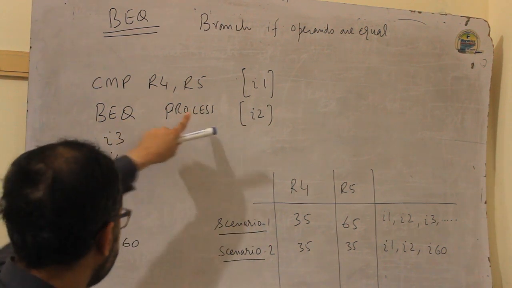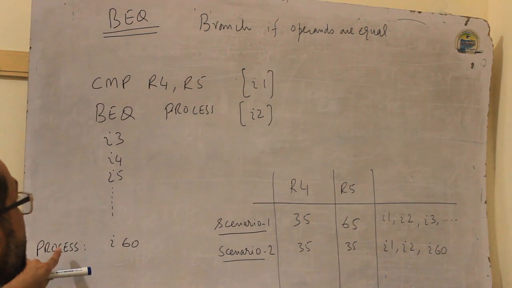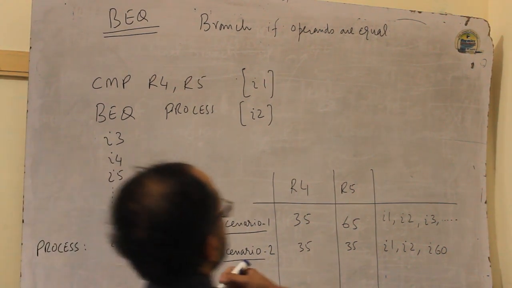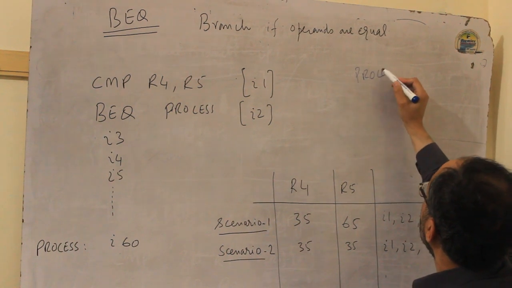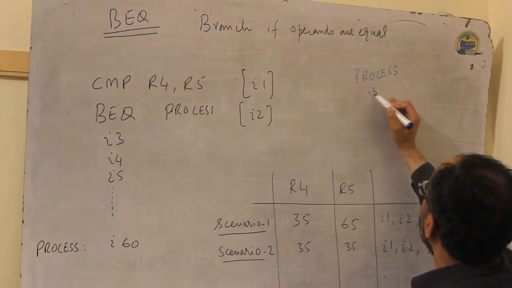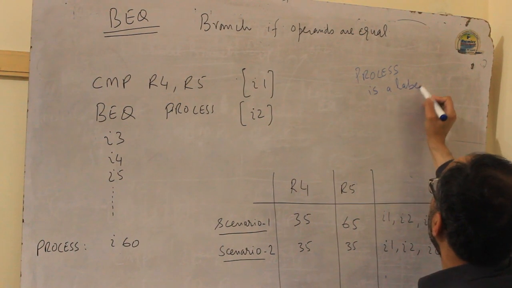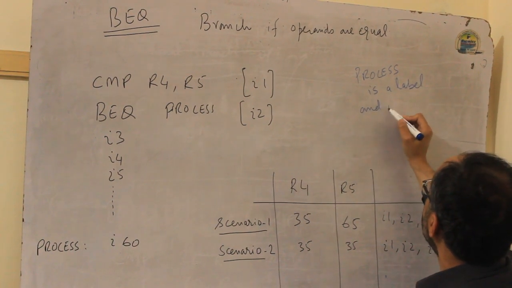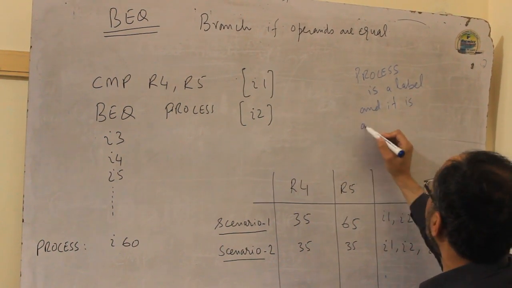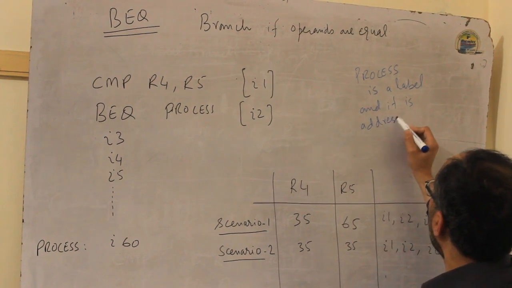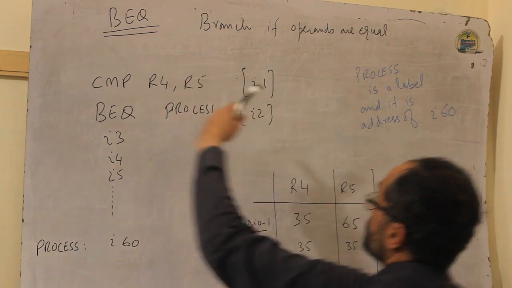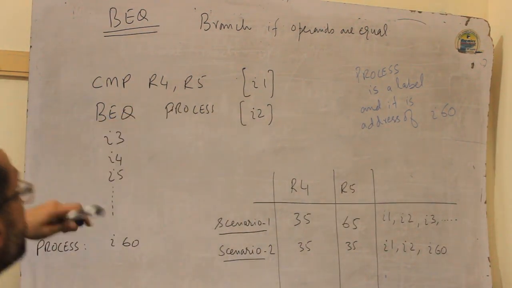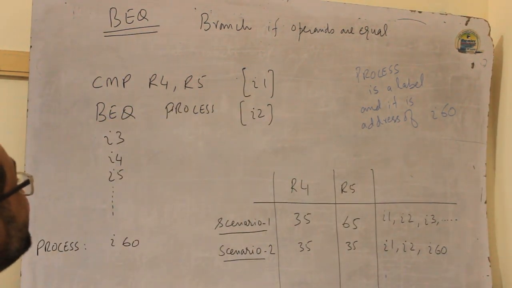What is process? Process is a label, and it is an address of instruction I60. So it will jump here, but it is based on the condition.